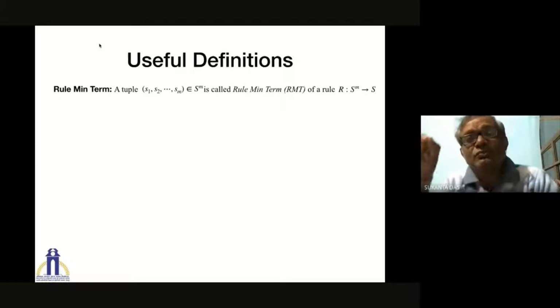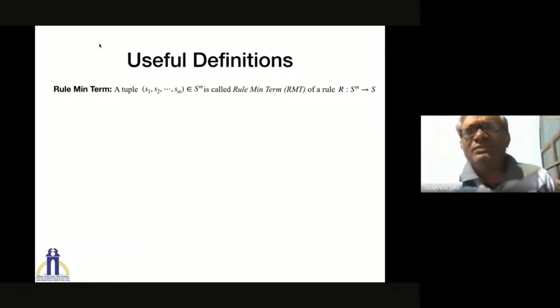Each element of that domain is called a rule min term, in short, RMT. That element of the domain is actually an m-tuple, let us consider S1, S2, Sm. So in short, each element of the domain of R is called a rule min term.